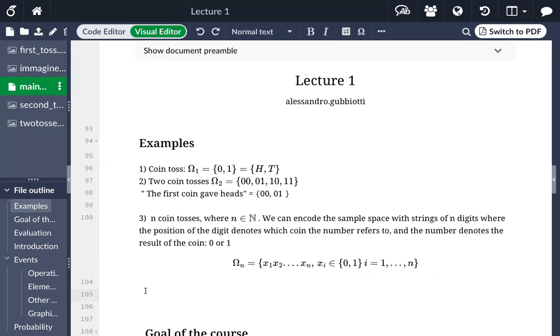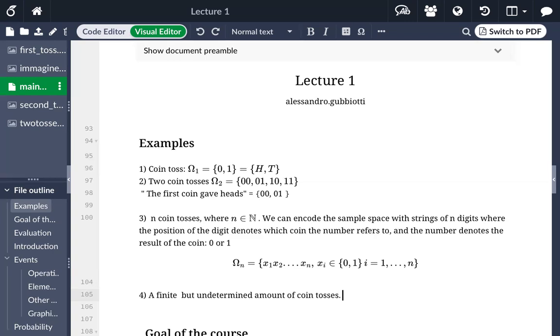And now let's do another one, which is the sample space of a finite but undetermined amount of coin tosses.